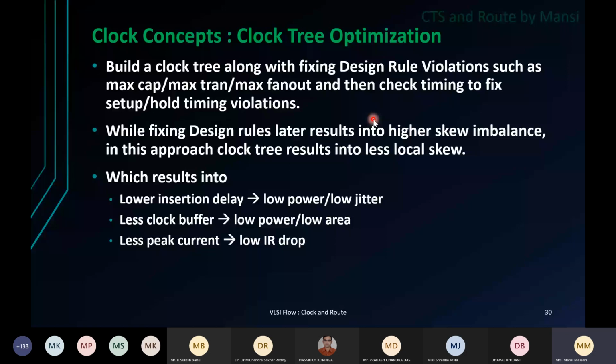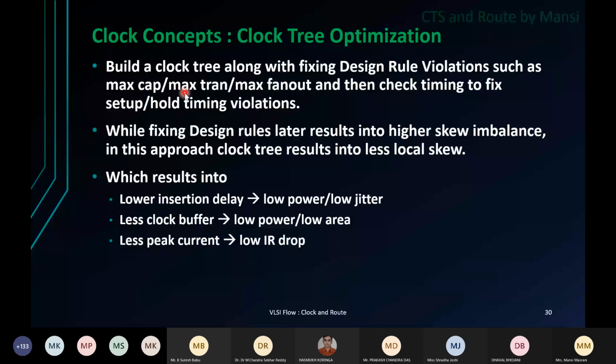Instead of that, there is a concept of building a clock tree along with fixing the design rule violations. So you do both things in parallel. What happens then is it actually builds a clock tree which is very good in terms of max capacitance, max transition, max fan out. Yes, does anybody have a question?